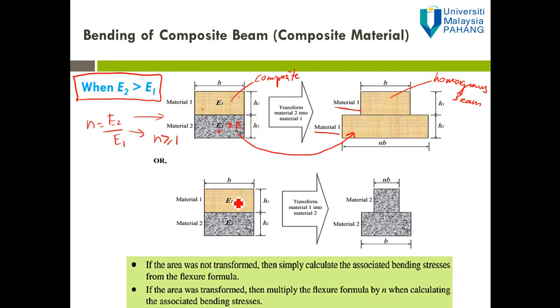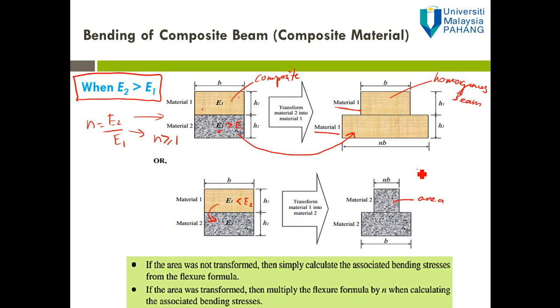Now for the second case, let's say we transform material 1 into material 2, and remember E2 is greater than E1. After transformation, you can see that the area of material 1 becomes smaller.